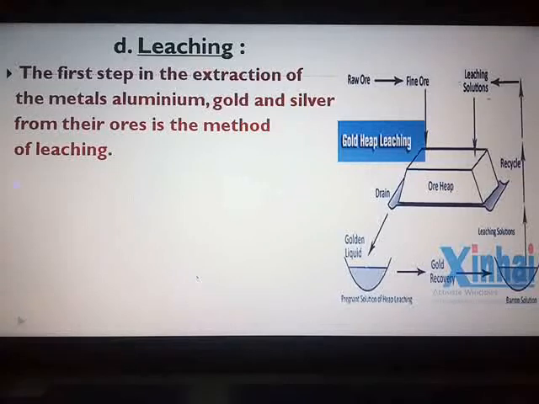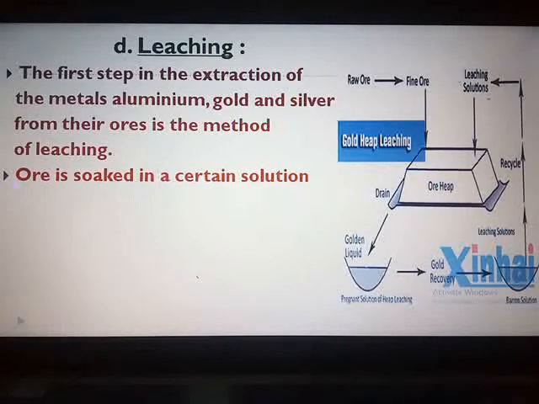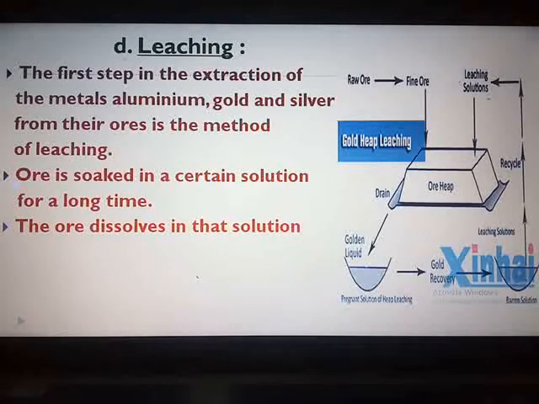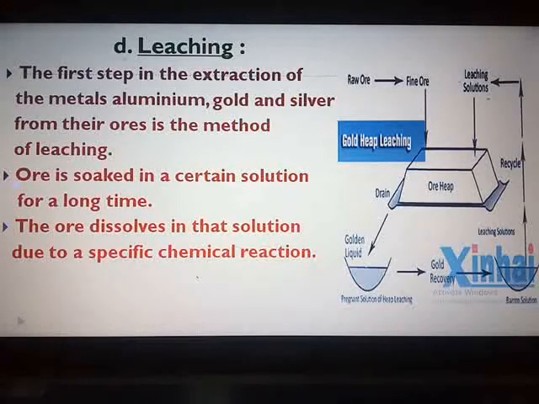Ore is soaked in a certain solution for a long time. Then the ore dissolves in that solution due to a specific chemical reaction. But the impurities in the form of gangue do not react and therefore do not dissolve in that solution, and easily they can be separated.